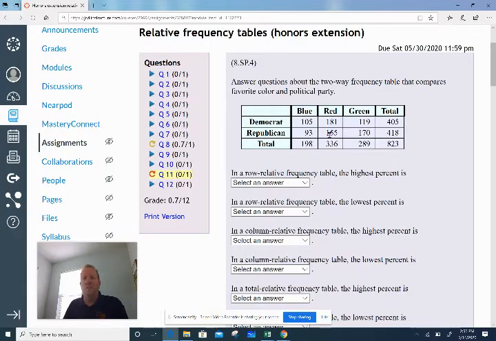And then Republican, oh, there's 170 out of 418. So we're still just trying to find the highest percentage. So 170 divided by 418 gives me 40.66. So my highest percentage is the Democrat Reds.